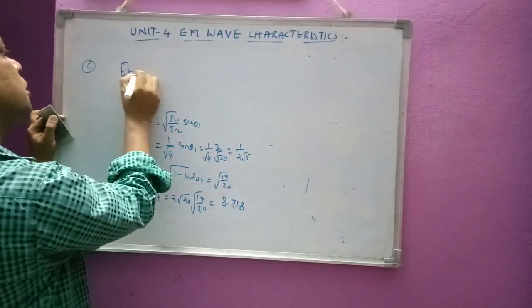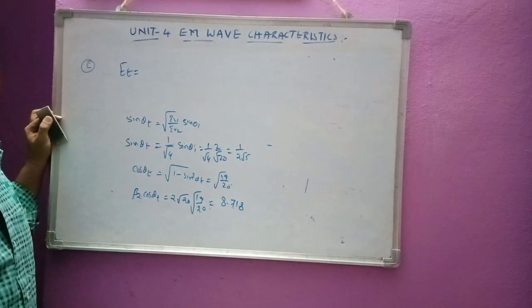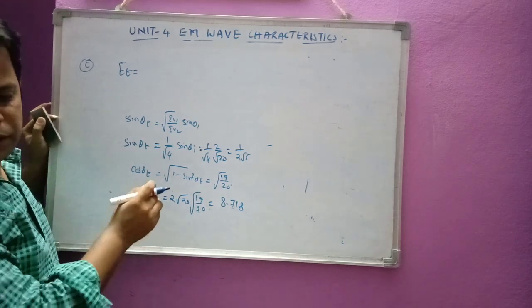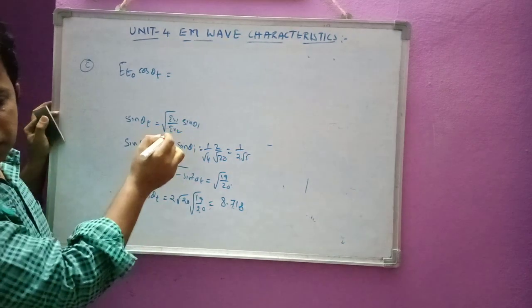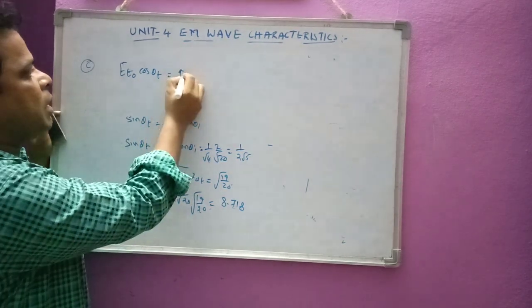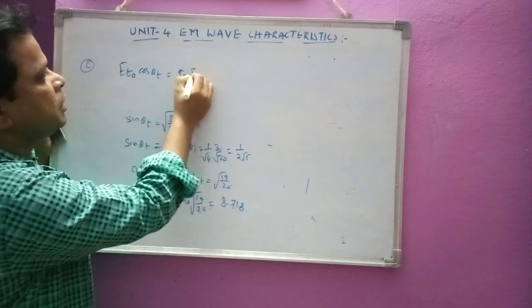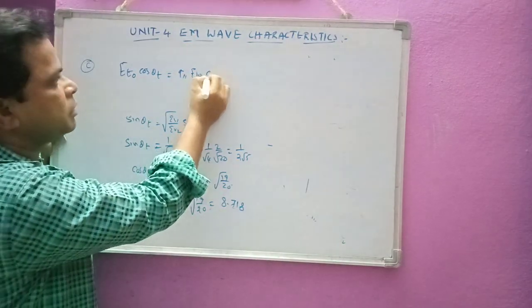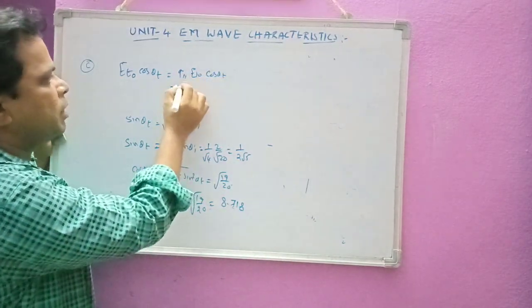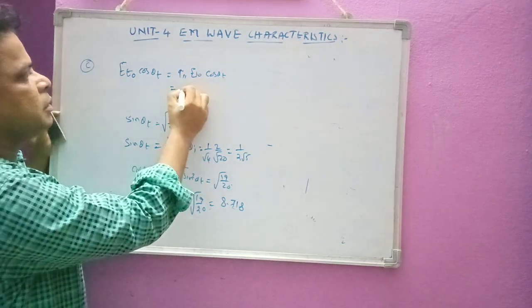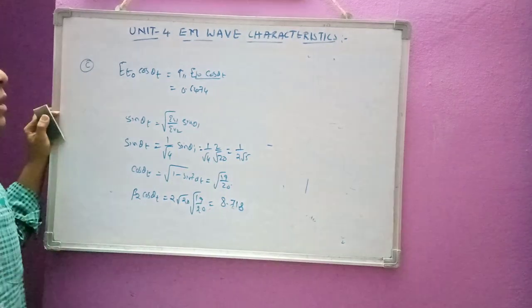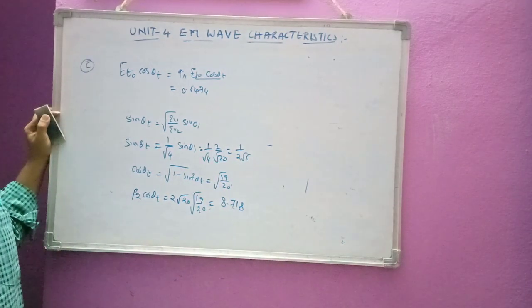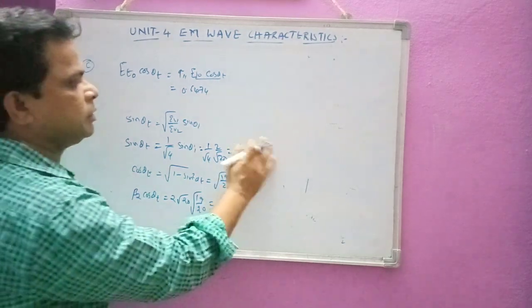ET is equal to ET naught, already we have got. So we will write ET naught cos theta t is equivalent to gamma parallel into EI naught cos theta t. Gamma parallel we have already got, 0.6474, and EI naught cos theta t we have taken from the question itself.